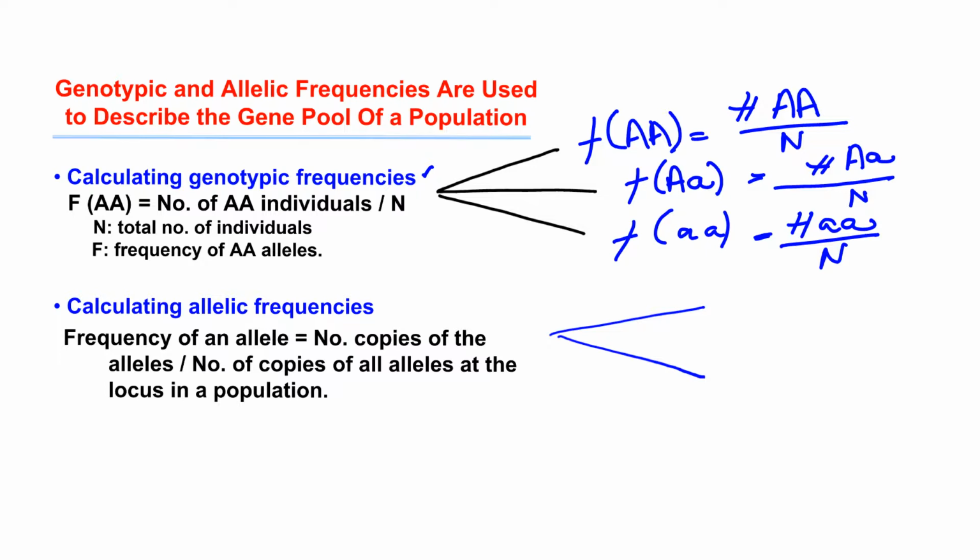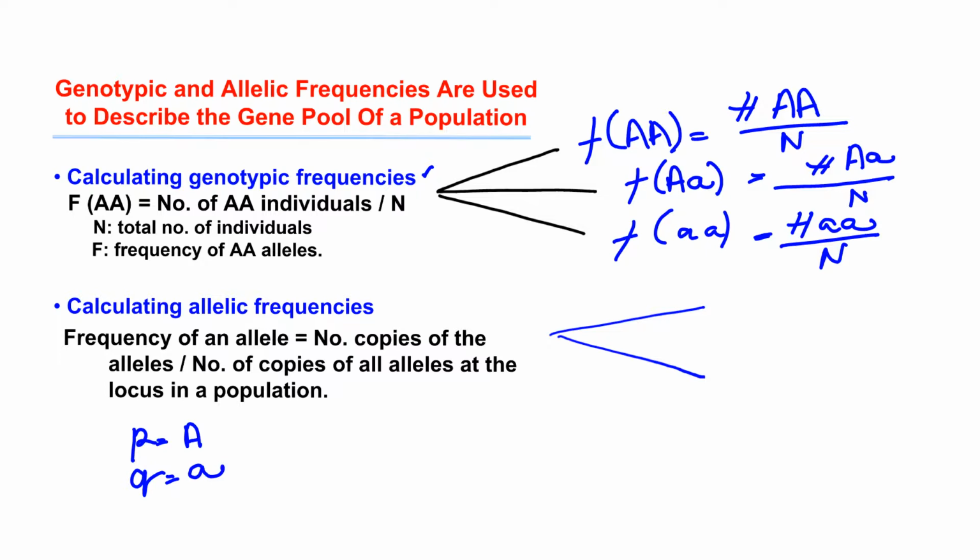Firstly, we will calculate it from the number of genotypes. When you calculate allelic frequencies from the number of genotypes, be aware that each genotype, each gene, has two alleles. So if you, for example, calculate the frequency of the dominant allele from the number of individuals with the dominant phenotype who are homozygous dominant, you have to multiply by 2. Let's say that we define P as our dominant allele and Q as our recessive allele.